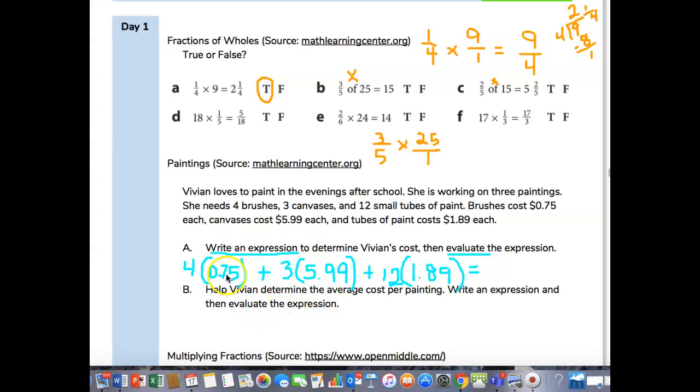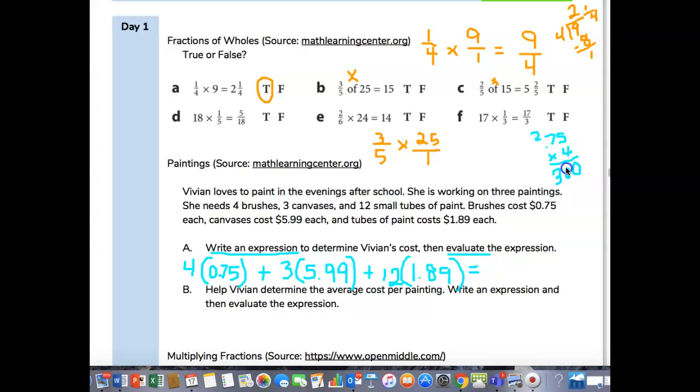All right, so 75 cents times 4, let's go up here and do 75 cents times 4. Okay, 4 times 5 is 20. Put down your 0, carry your 2. 4 times 7 is 28, plus 2 is 30.